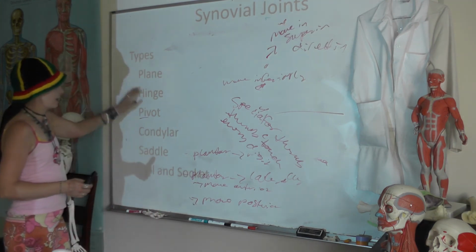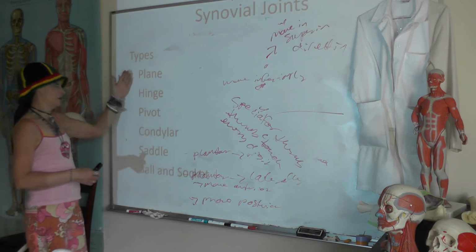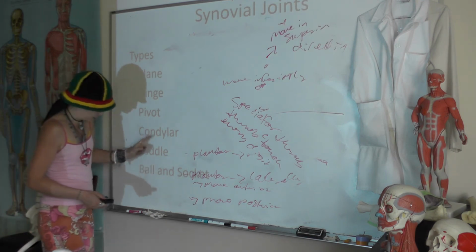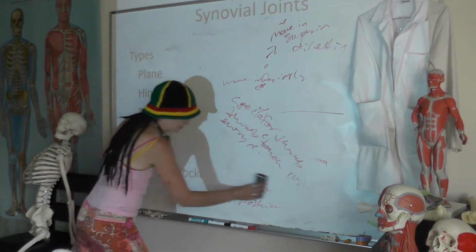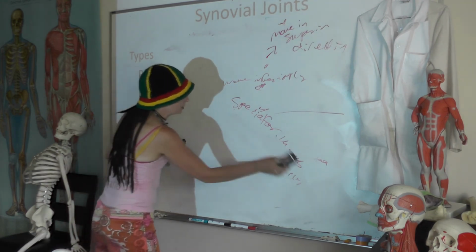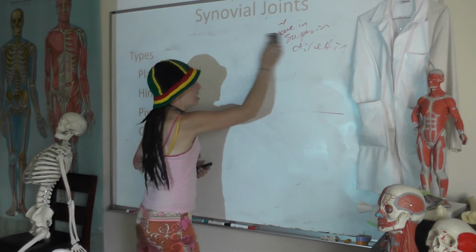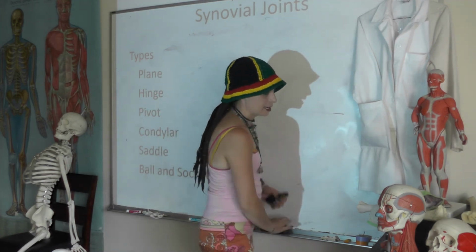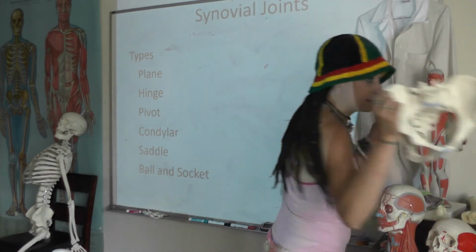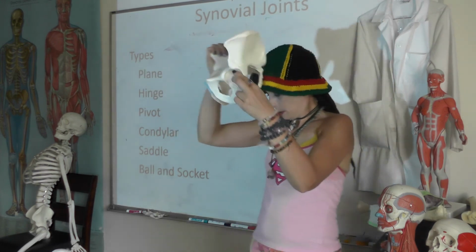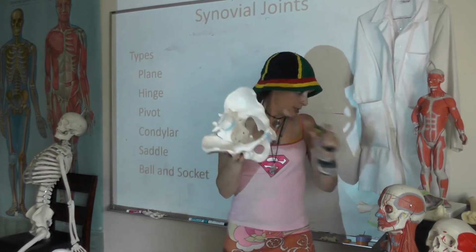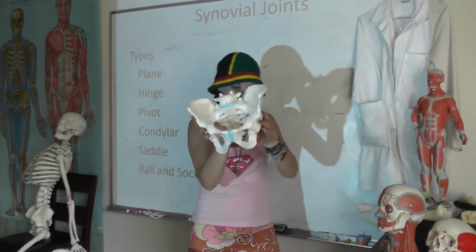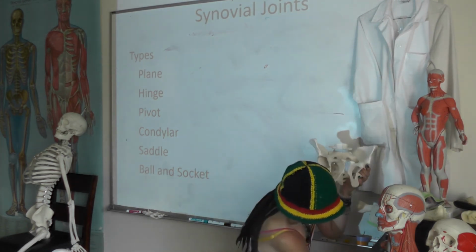So you've got all kinds of synovial joints: plane synovial joints, hinge synovial joints, pivot synovial joints, ball and socket. Look them over in your book. I might ask what joint is this, and what type of joint is it? You'd say, lady, there's not a bone in there, that's no joint. That is the acetabulum.